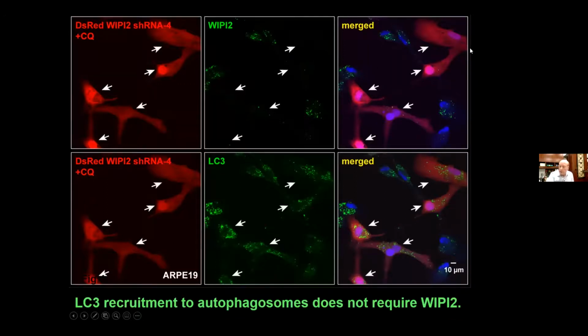And you can see here through the merge that these red cells are all lacking WIPI2, but they're not lacking puncta for LC3. When we accumulate autophagosomes through addition of chloroquine and blockage of lysosome fusion, in the WIPI2 knockout cells, we still see an accumulation of LC3.